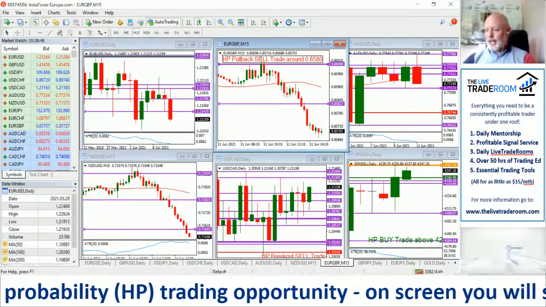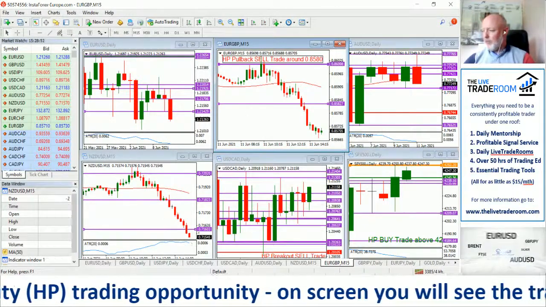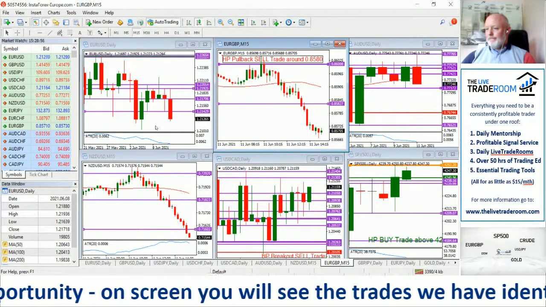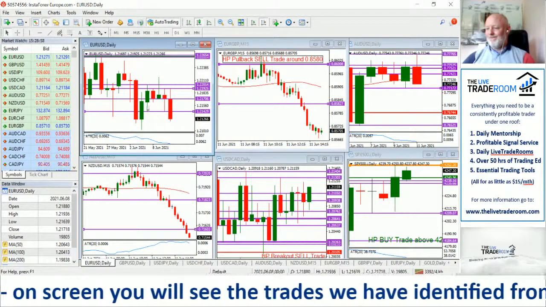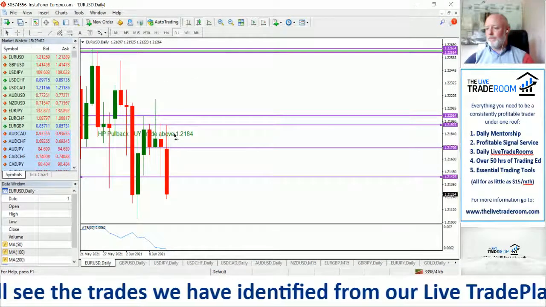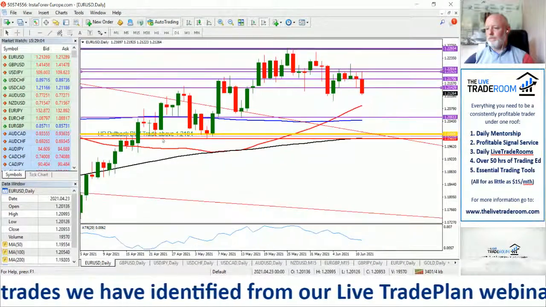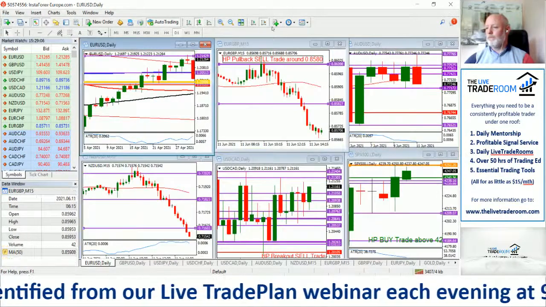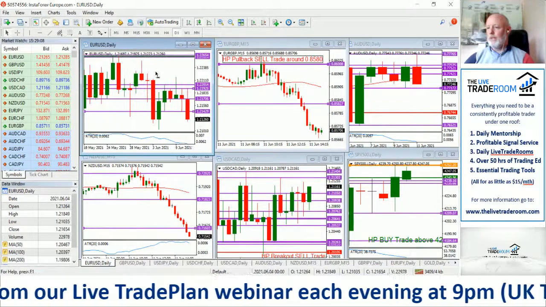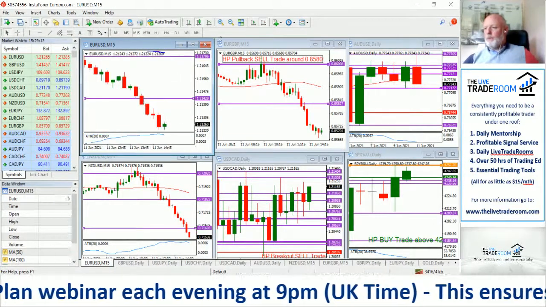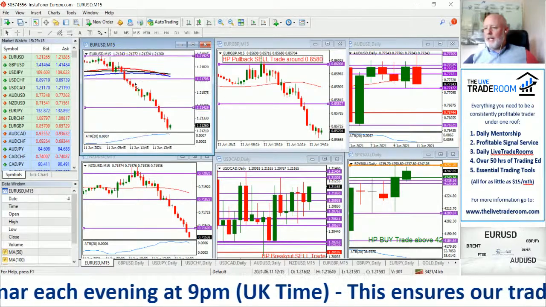So look, we can see the New Zealand dollar just continuing to roll further to the downside. So the euro dollar, we're actually awaiting a pullback.